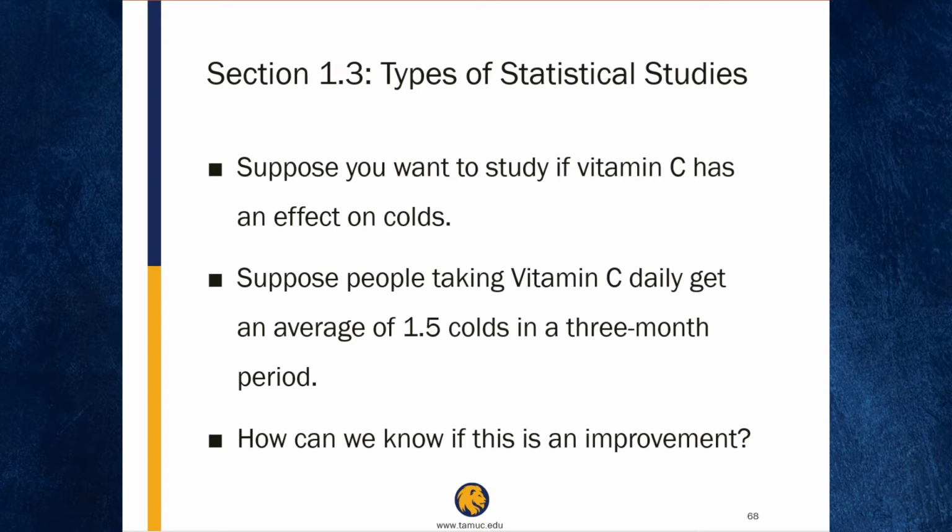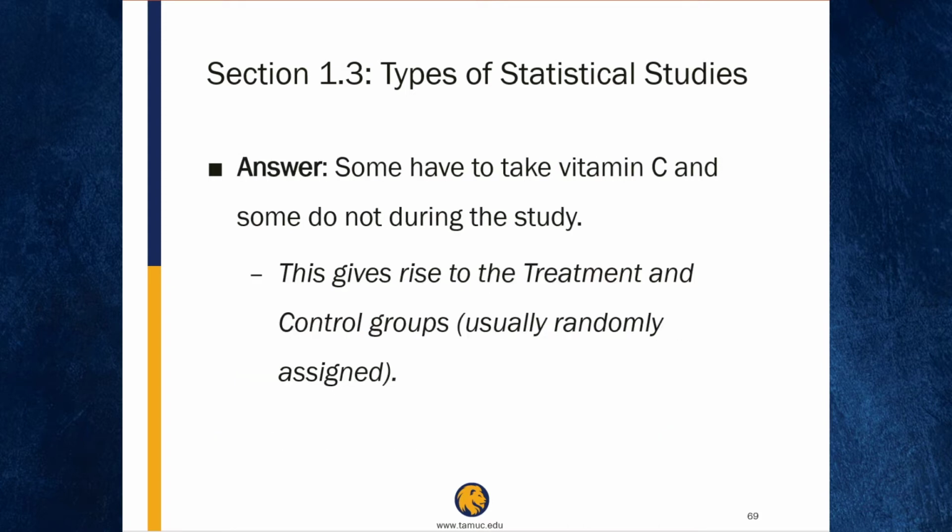It might seem like a pretty good number, but do we know if an average of 1.5 colds is really good, or if that's actually not good at all? Well, that's where we have to have different groups for testing. So some people have to take vitamin C and some do not during the study. And so this would give rise to the treatment and control groups, which are usually randomly assigned.